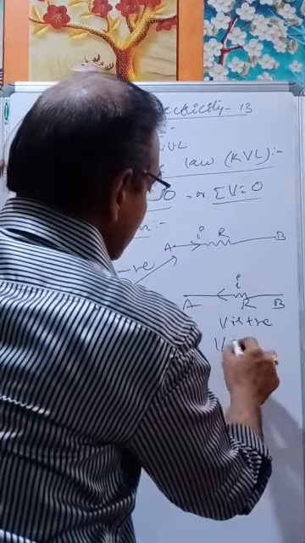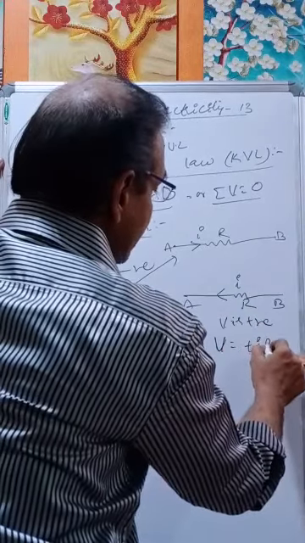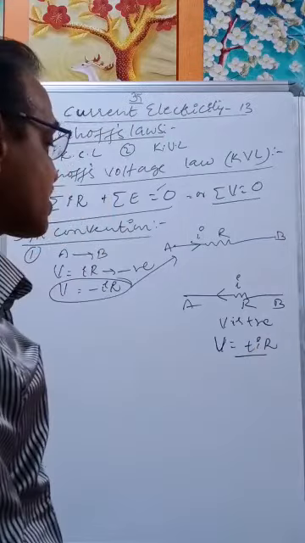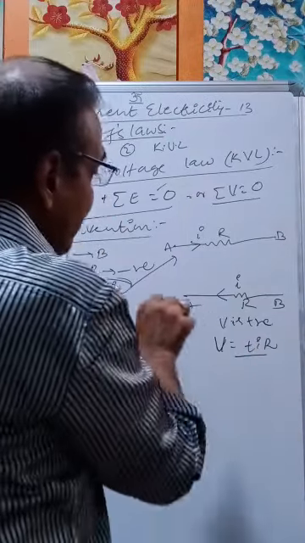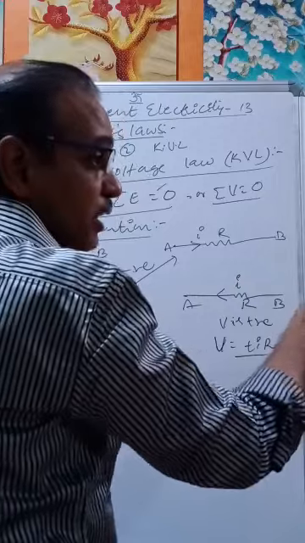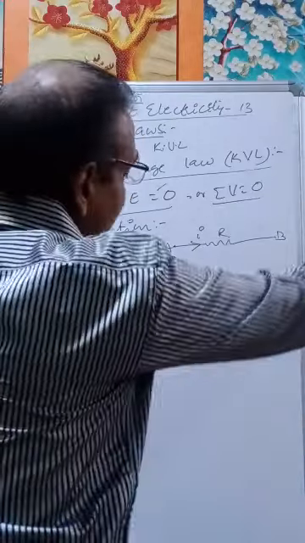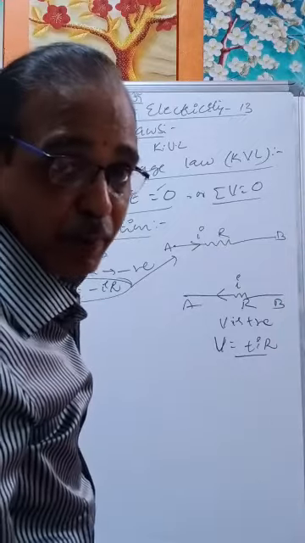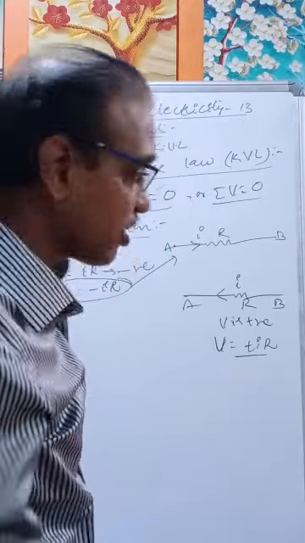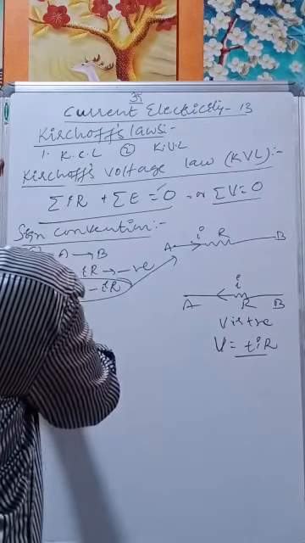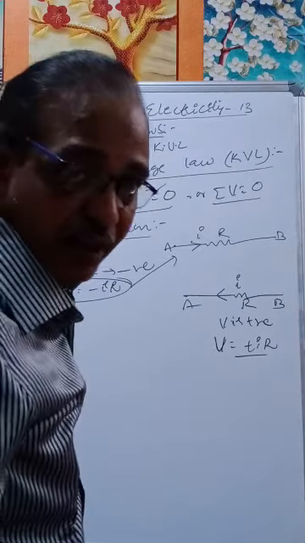Therefore, V is equal to plus IR. So, if the current opposes our direction, the drop is taken as positive. If the current is in the same direction as we are moving, the drop is taken as negative. This is the first sign convention, a very important one.